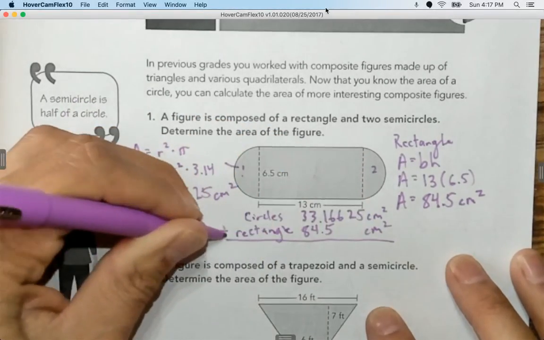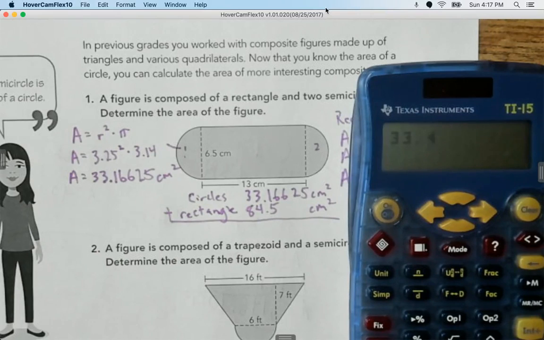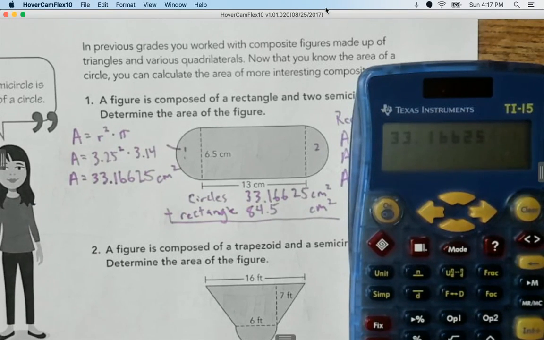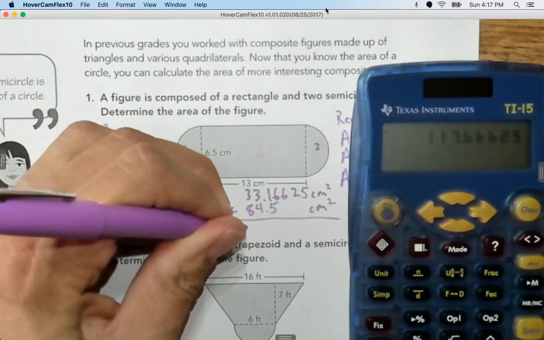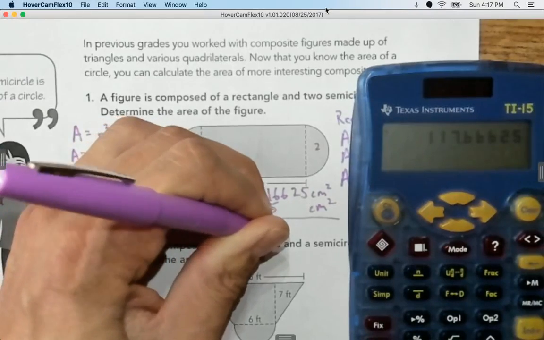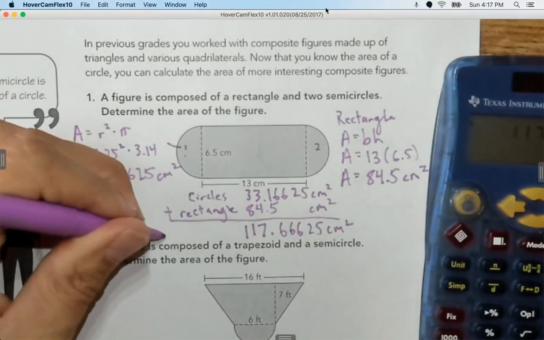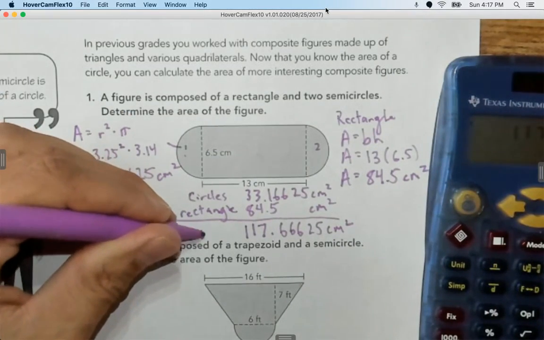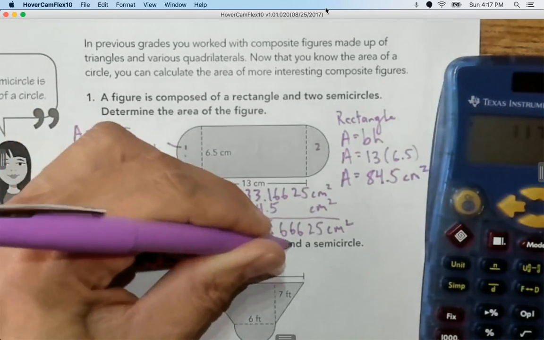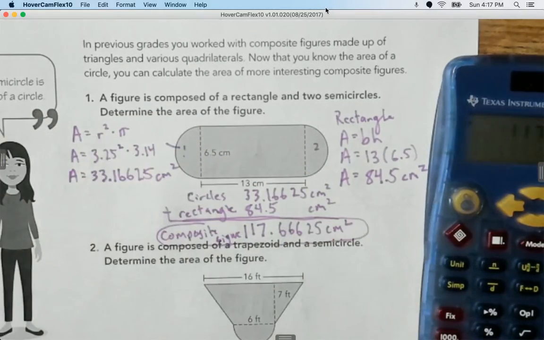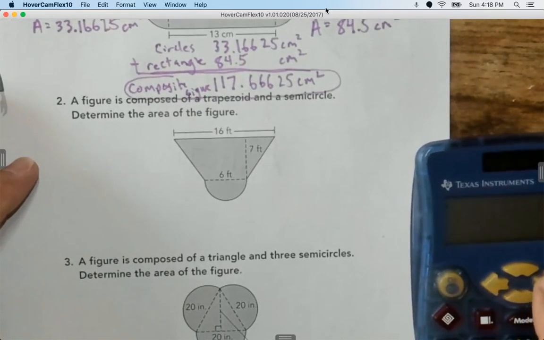And when I add those together, I get my answer for the composite figure, which would be 117.66625 centimeters squared.